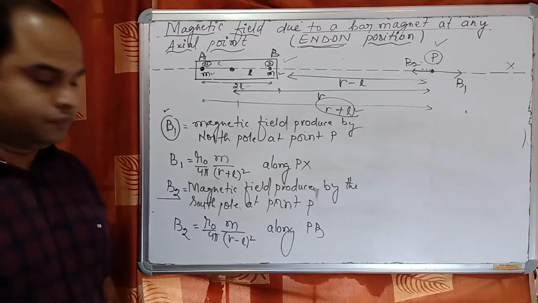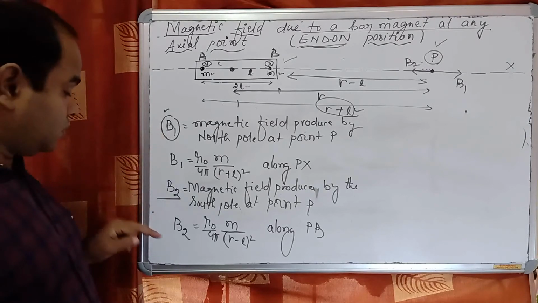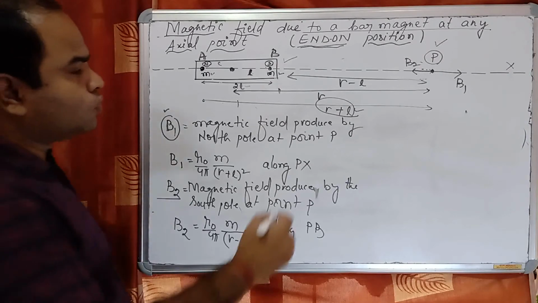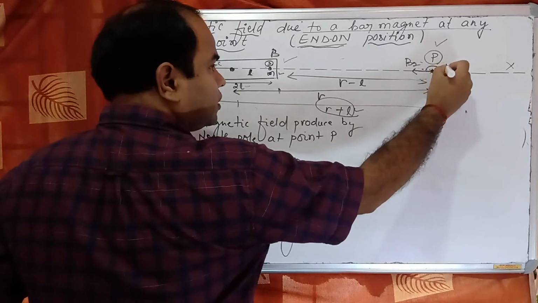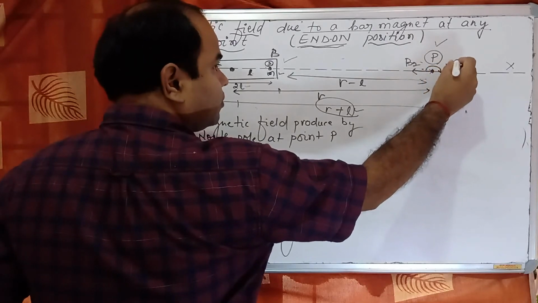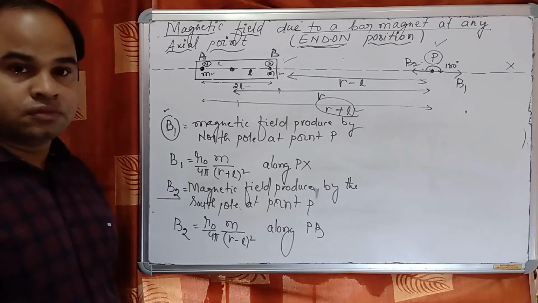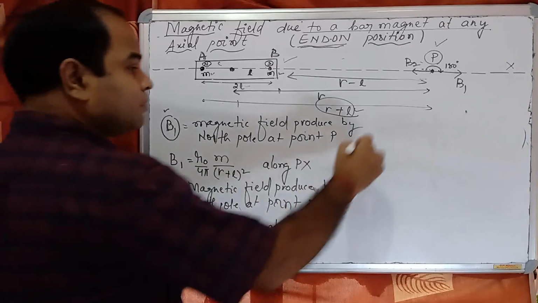B1 is the magnetic field due to the north pole, B2 is the magnetic field due to the south pole. These two fields are anti-parallel to each other, so the angle between them is 180 degrees.